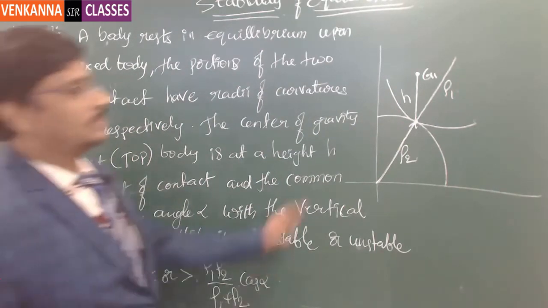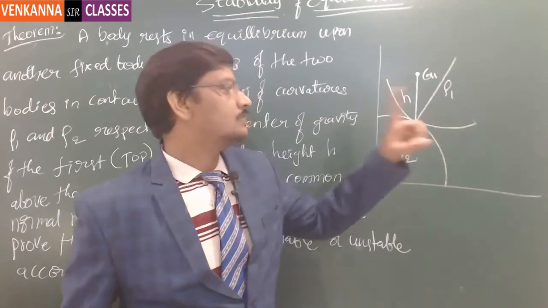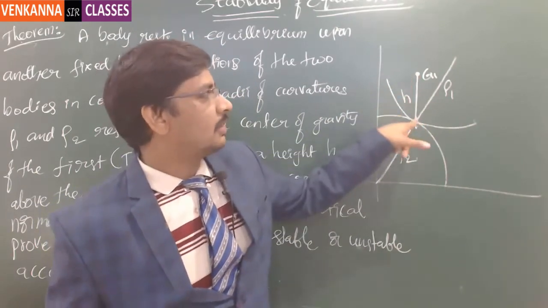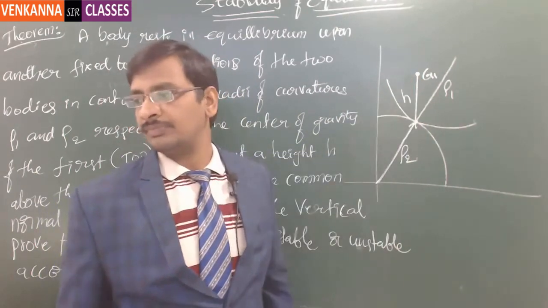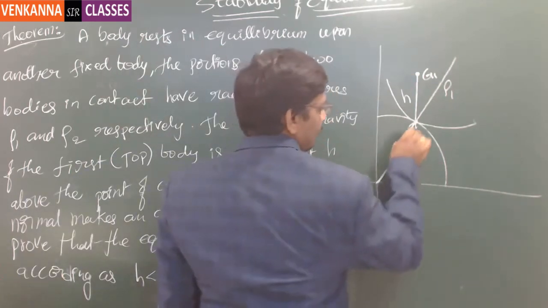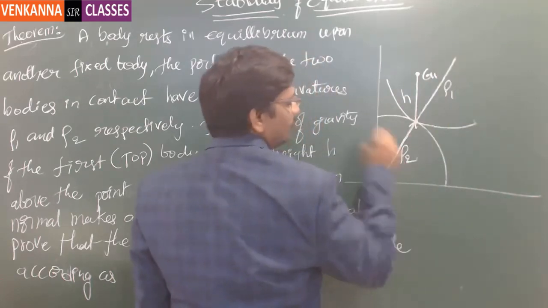See this, there is one body here, and on top of it there is one more body whose center of gravity is at a height of h from the point of contact, and the common normal is this line, making an angle of alpha with the vertical.